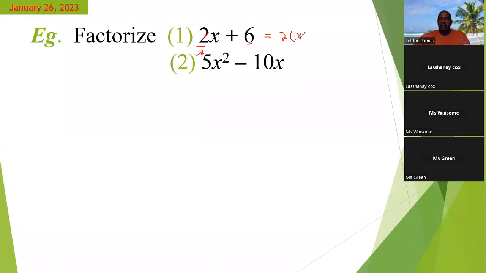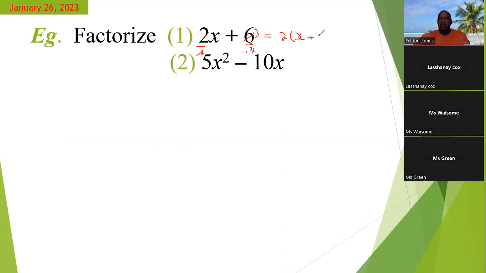Now, the next step is to keep the sign from the expression in the bracket. And then you divide the next term by 2. So we divide the 6 by 2. 2 into 6, we get 3.